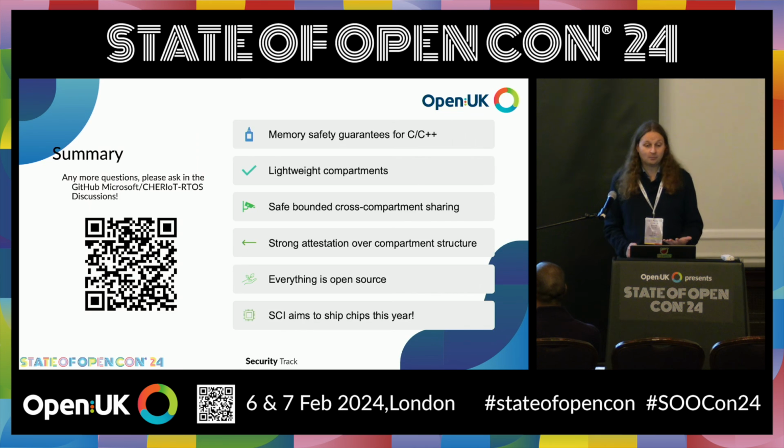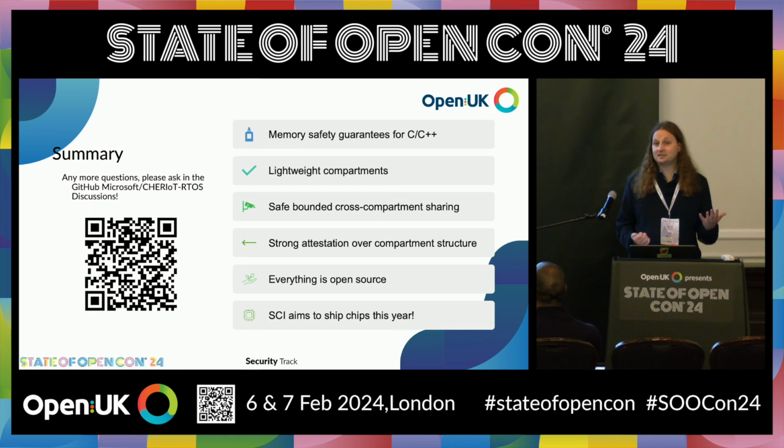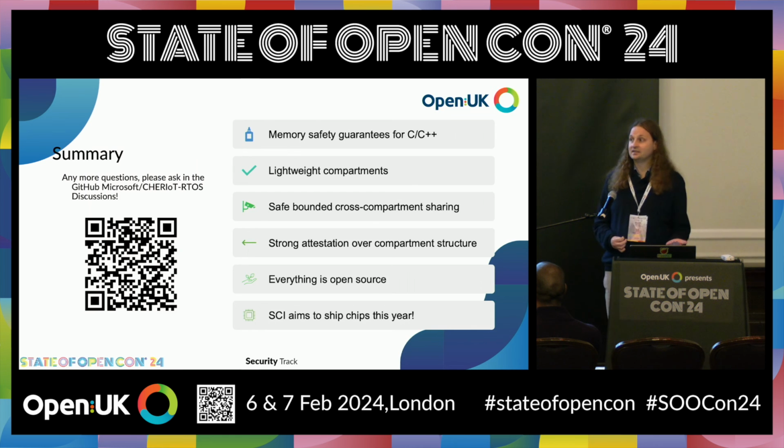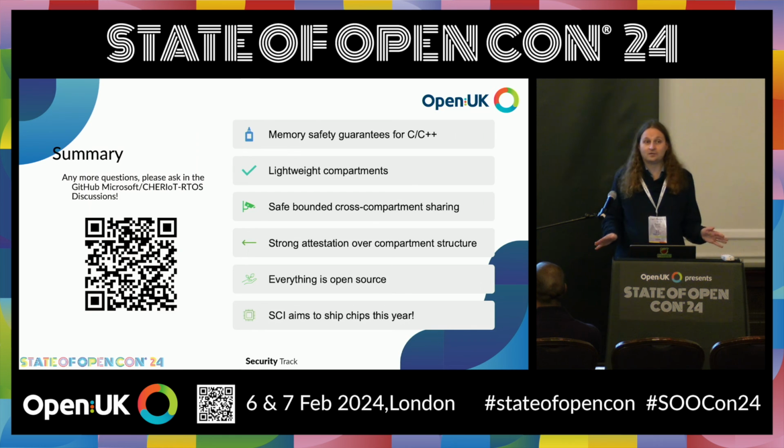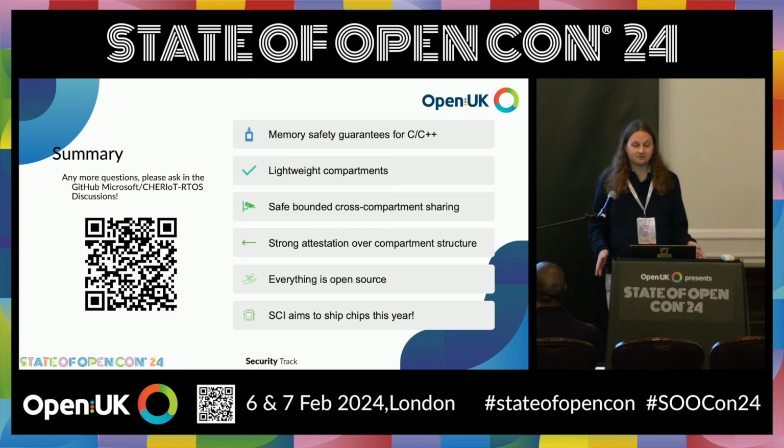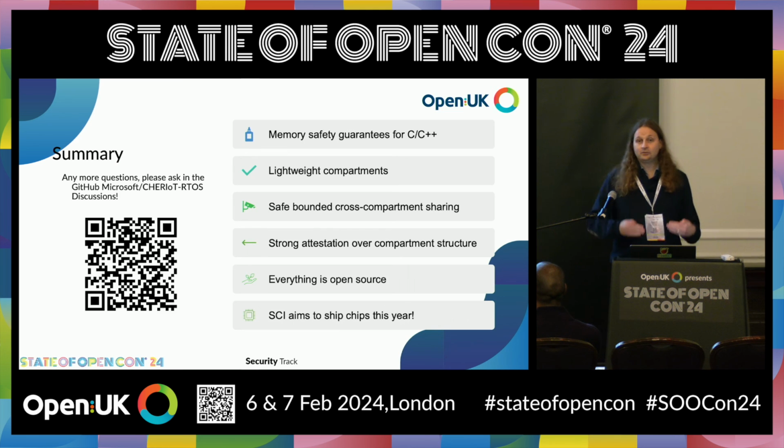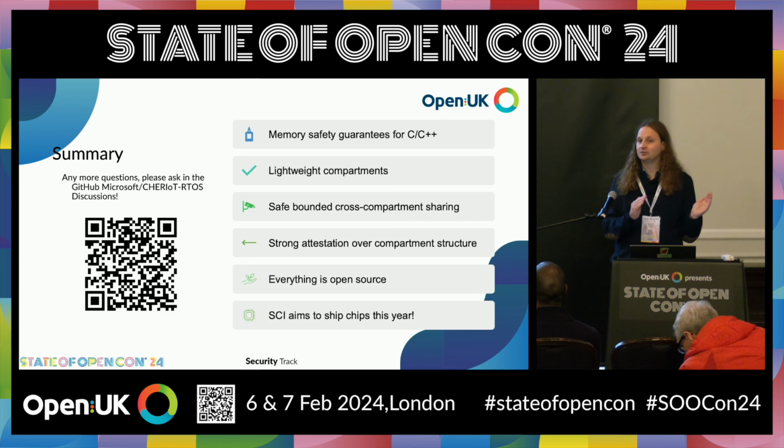So to sum up, we've got the ability to take off-the-shelf existing C and C++, recompile them, and get really strong memory safety guarantees. We can then use that to build lightweight compartments. And the thing I always like to repeat is isolation is easy, safe sharing is hard. We know how to do completely isolated components. You just run them on different computers. But for things to be useful, they need to communicate.